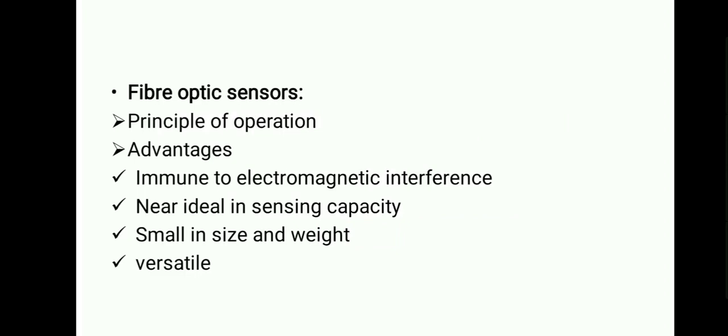And the third one is small in size and hence small in weight. You can call them weightless. And the fourth one is versatile. By this versatile I mean that they are used to measure not only physical and chemical quantities but also used in biomedical and biological research.